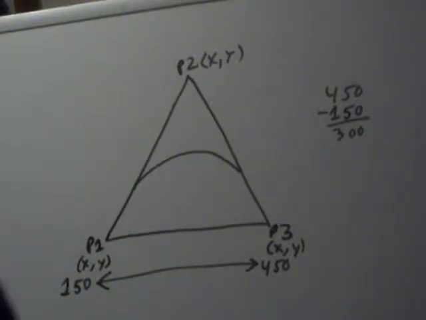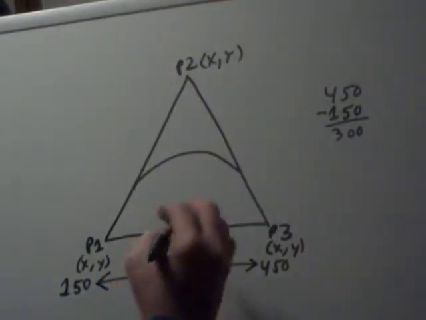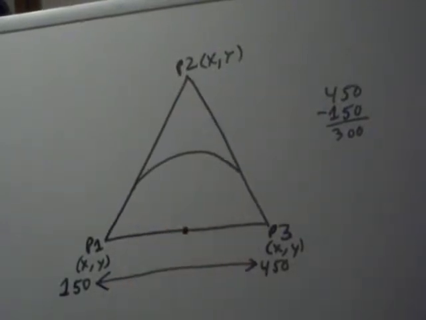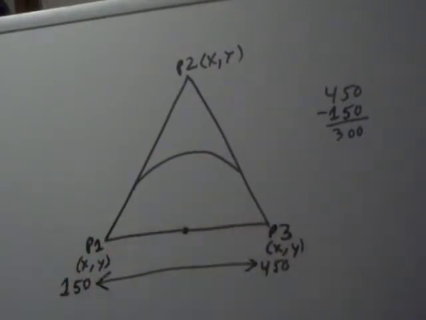Now let me make sure you're seeing all this. So far, so good. Now, we're not looking for the number of pixels between here and here. We're looking for this point right here. This is the midpoint. The midpoint is a point on this line that is halfway between point 1 here and point 3 there.